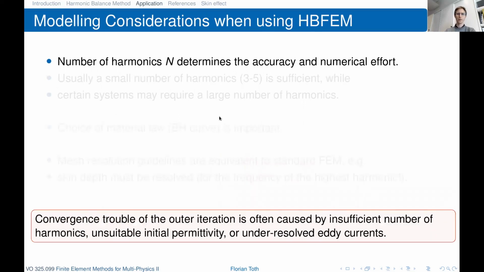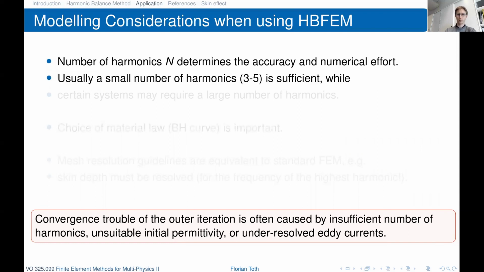Just a few considerations when you actually model using the harmonic balance finite element method. Of course, the number of harmonics determines the accuracy and the numerical effort. More harmonics means you get a more accurate approximation, but of course the numerical effort is larger since the linear system is larger.